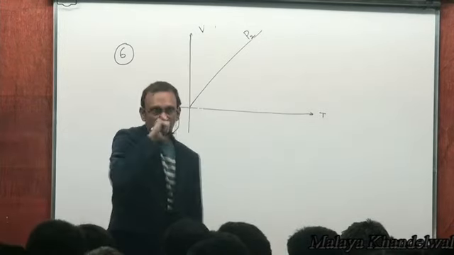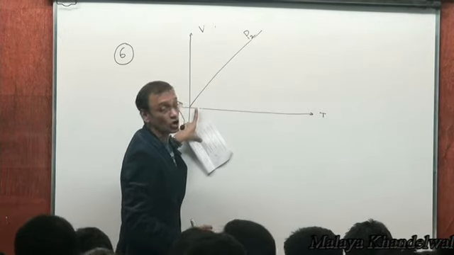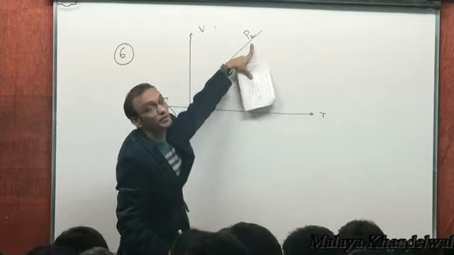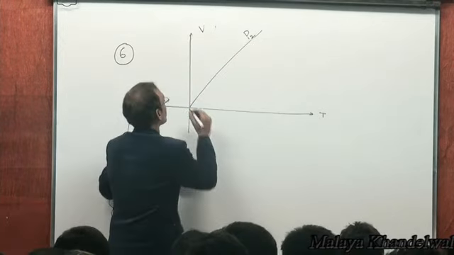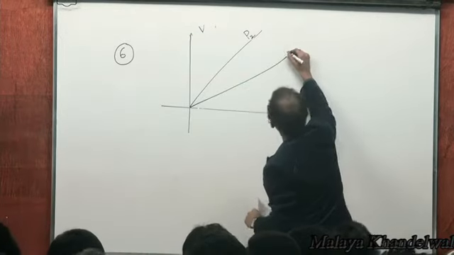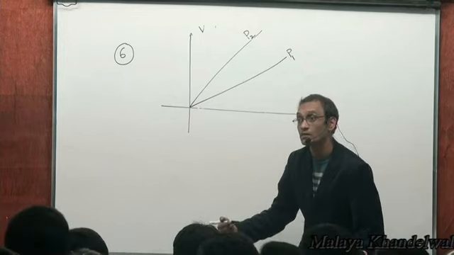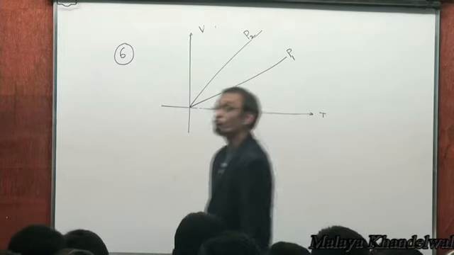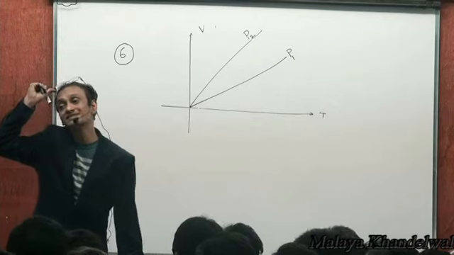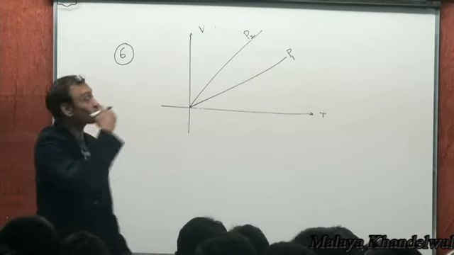Yes or no? This is also some other V versus T graph, and this represents some other pressure P1. All points on this are at pressure P1, right? We want to figure out which of these is more, P2 or P1.